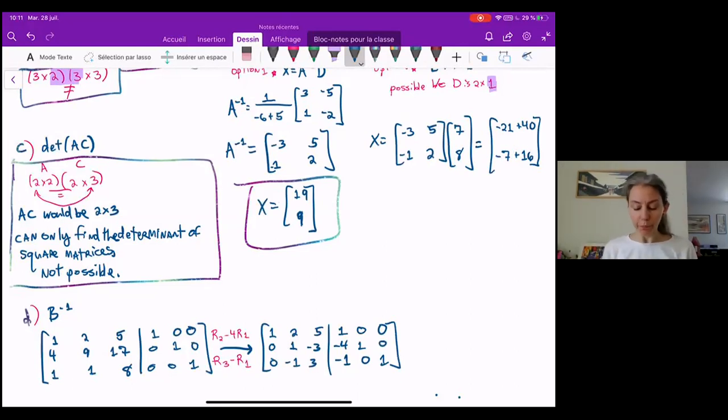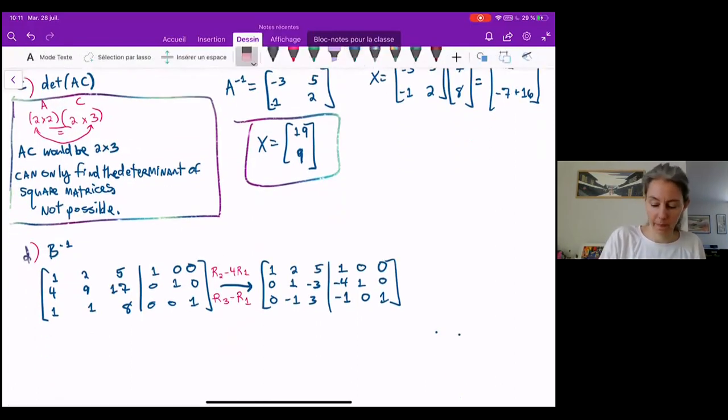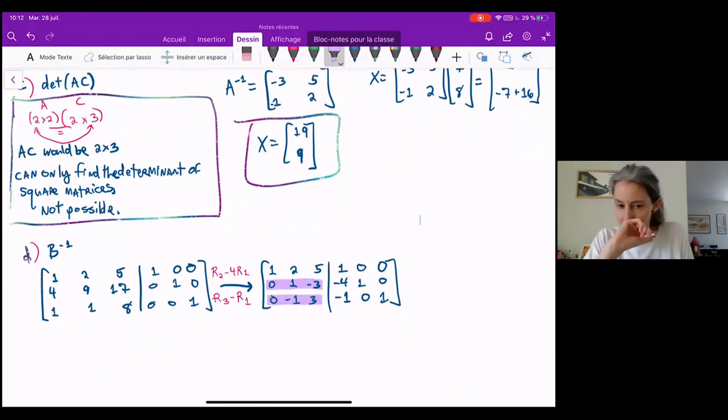Okay, so what I see here, what's happening with row 2 and row 3? What's going on with my second row and my third row of A? They're multiples. And if 2 rows or columns are multiples, what's the determinant? 0. Is this going to reduce to I?